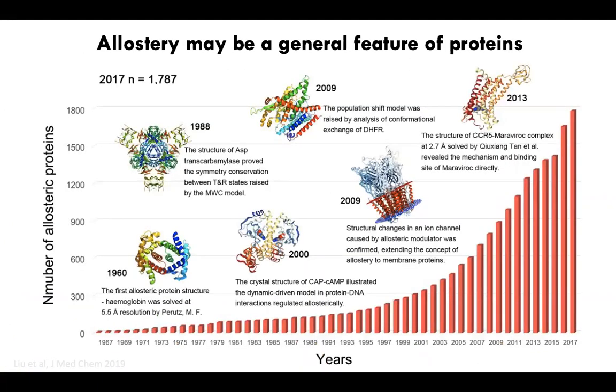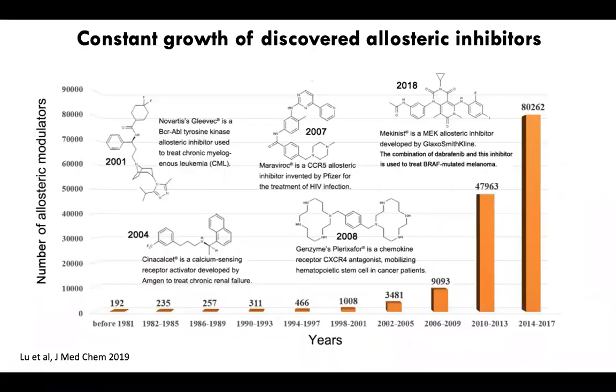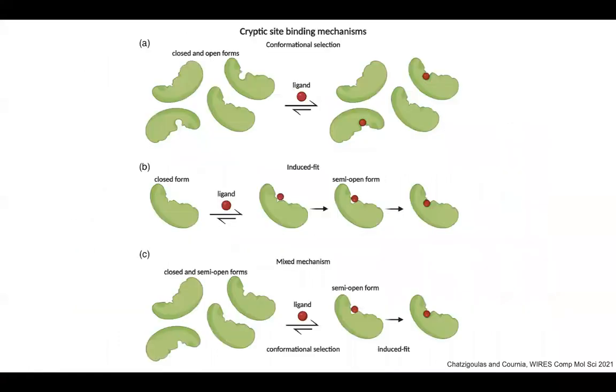And to finish off, let me say that allostery may be a general feature of proteins. This is to be discovered. We have a constant growth of discovered allosteric inhibitors. You see here an exponential growth in the last years. We have technologies that can unveil these cryptic sites.